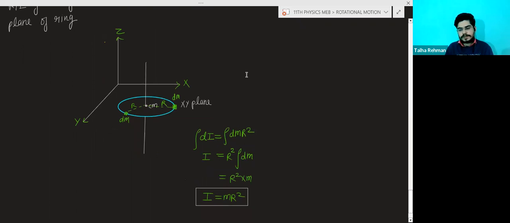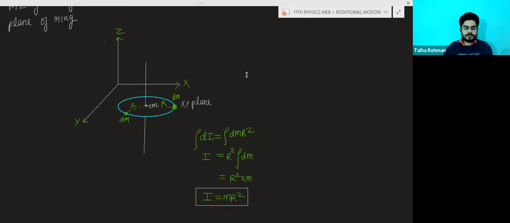Those values you have to learn also, because when we move forward in this chapter, there will be a requirement of moment of inertia. Now all the game of this chapter will depend upon the moment of inertia. Like in linear motion there is mass, and here in rotational motion we have the moment of inertia.